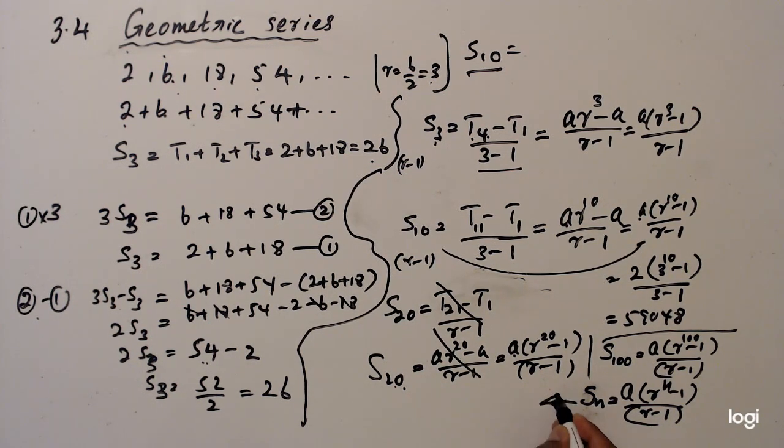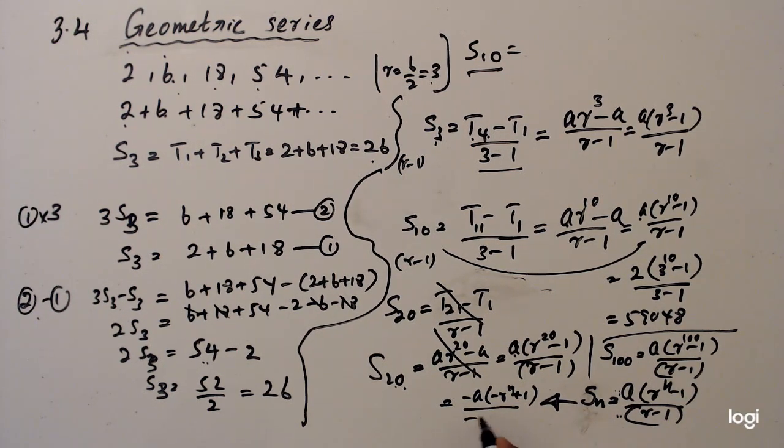If I work out a little bit further, from here, I'm going to take minus 1 from up and down, numerator and denominator. So minus A, this becomes minus R^n plus 1, and this becomes minus R^1 minus R plus 1.